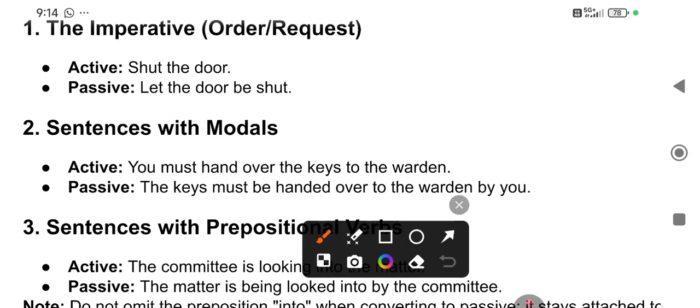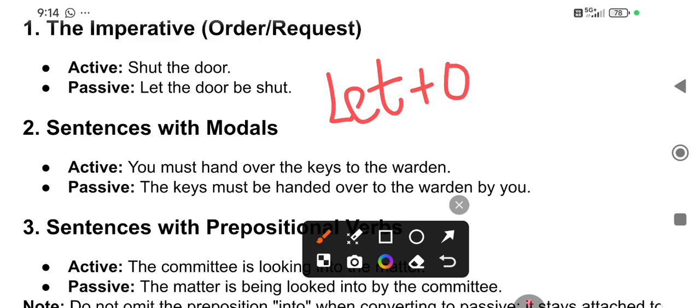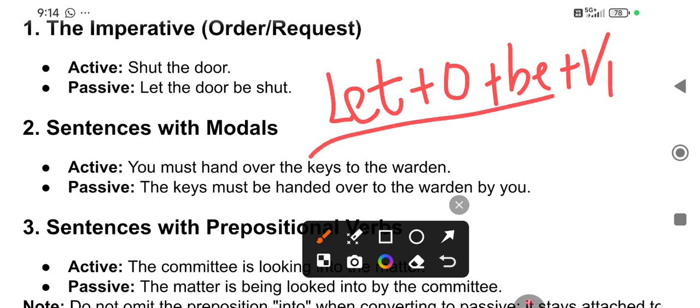So you just remember this is the pattern of imperative sentences, especially for request and command. The passive sentence would start from let. Not all imperative sentences, that is just for command or request.